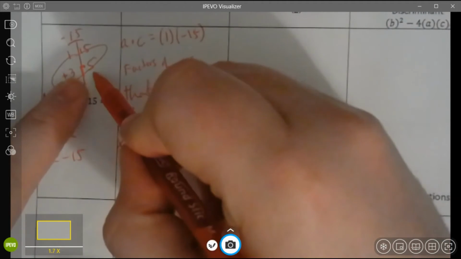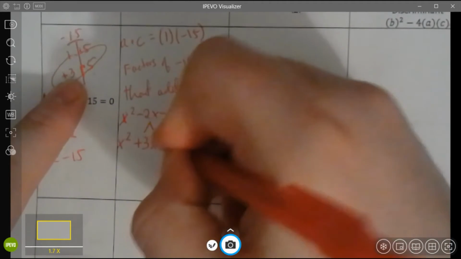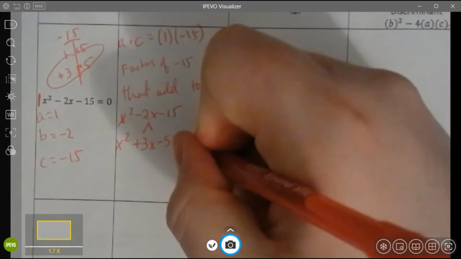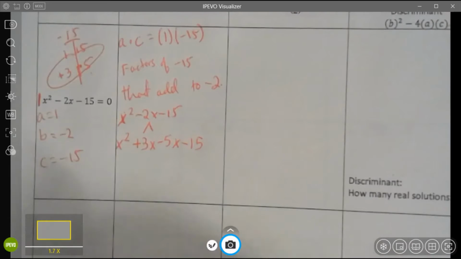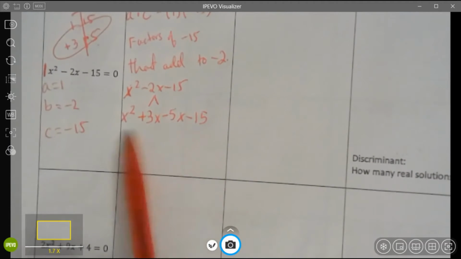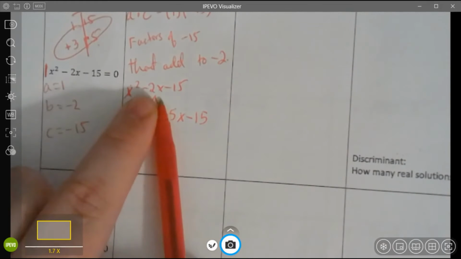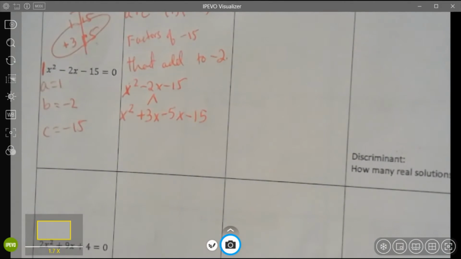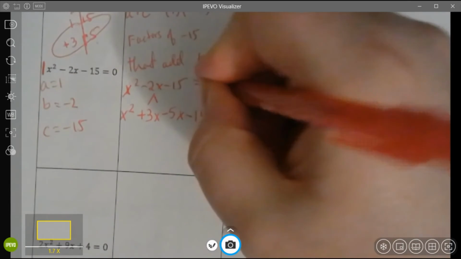And then -5 with an x. And then -15. So we split up 2x into 3x minus 5x. If you simplified that, you'd get right back to this. So you get -2x. And this has to say equals 0.